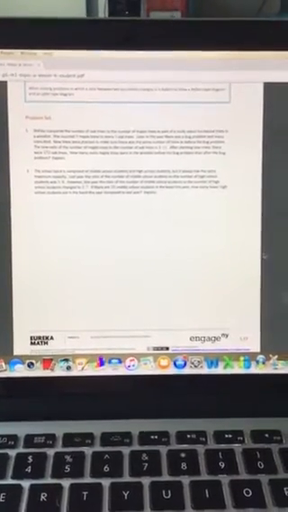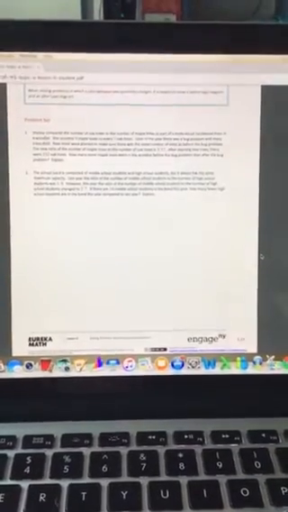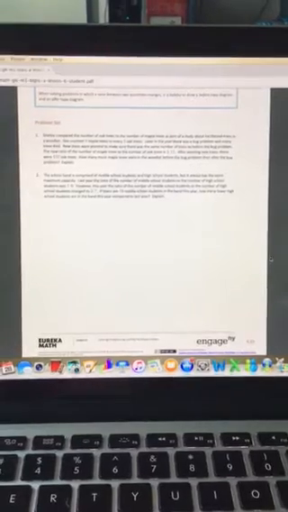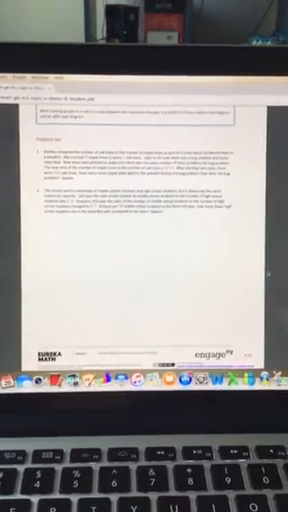So it says, problem set. Shelley compared the number of oak trees to the number of maple trees as part of a study about hardwood trees in a woodlot. She counted 9 maple trees to every 5 oak trees. Later in the year, there was a bug problem and many trees died. New trees were planted to make sure there was the same number of trees as before the bug problem.